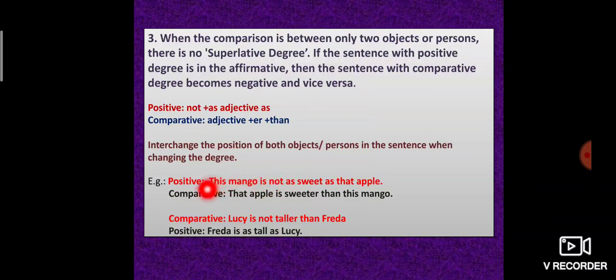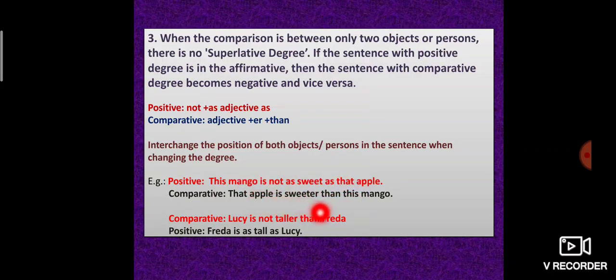How will we change it to comparative? That apple is sweeter than this mango. Right, my dear students, we have not changed the meaning, and we have changed into comparative degree: that apple is sweeter than this mango.